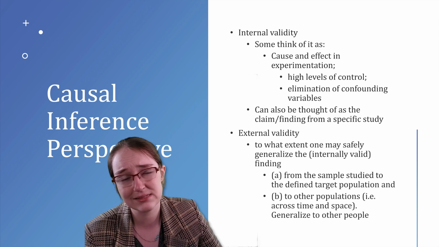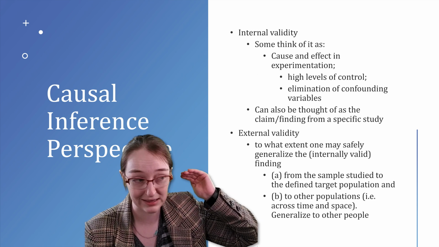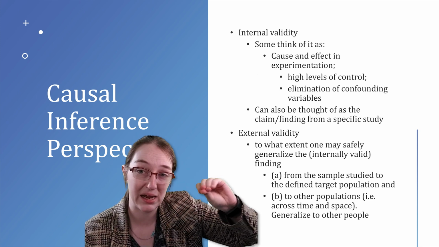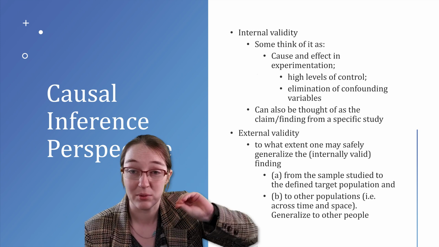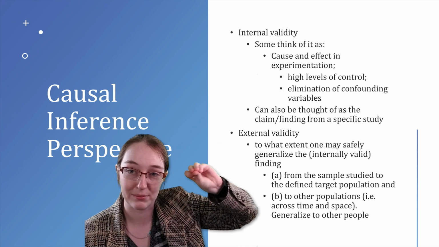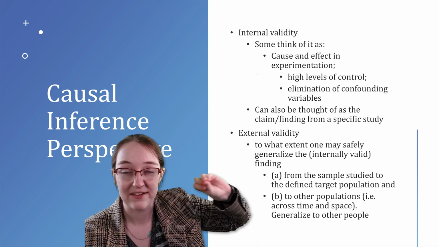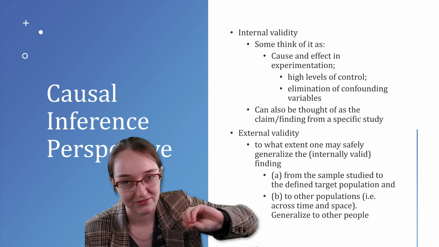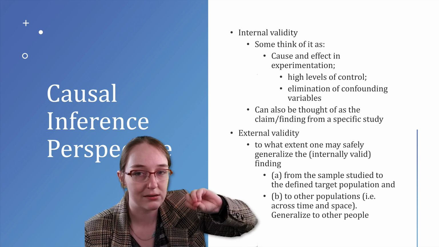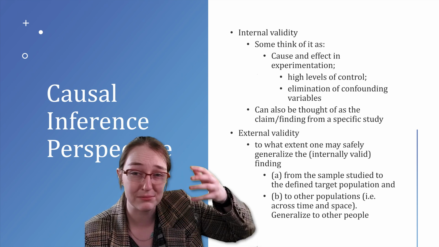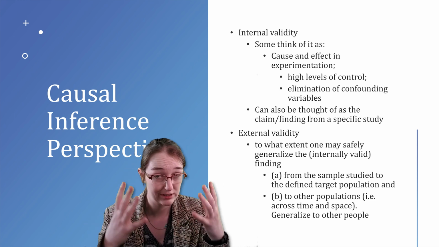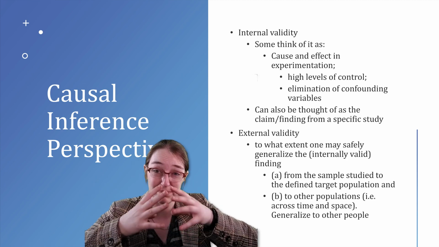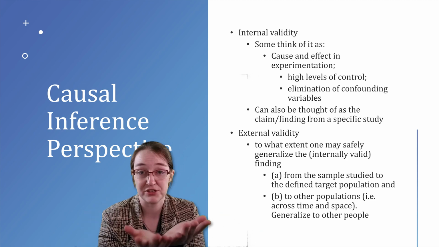But really, just like internal validity is predicated upon having valid and reliable measures, external validity is predicated upon having internally valid studies, which are in turn based on valid and reliable measures. And here it boils down to, do the claims that you see in your study that are true in your study, do they hold up in other people's studies? Can you generalize beyond your sample to a population?